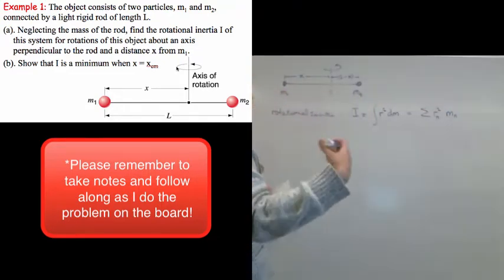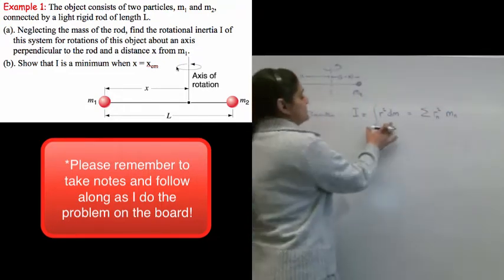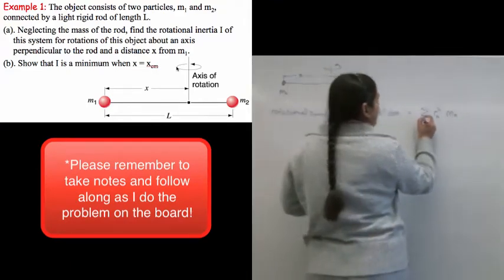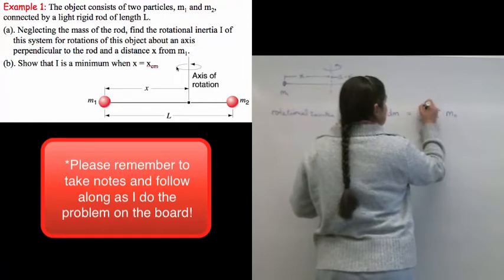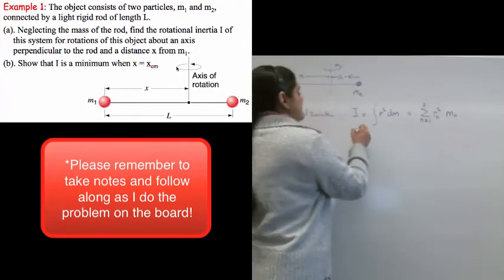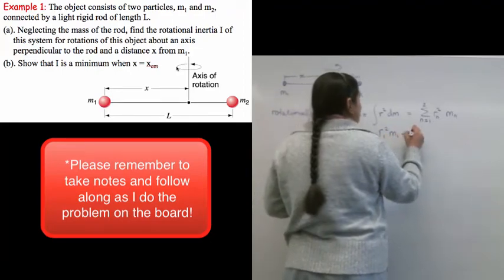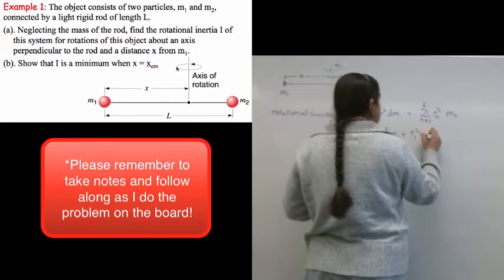Since there are multiple r's and multiple m's, we are going to reduce this down to this expression right here, where n goes from 1 to 2. So this moment of inertia can also be written as r1 squared m1 plus r2 squared m2.